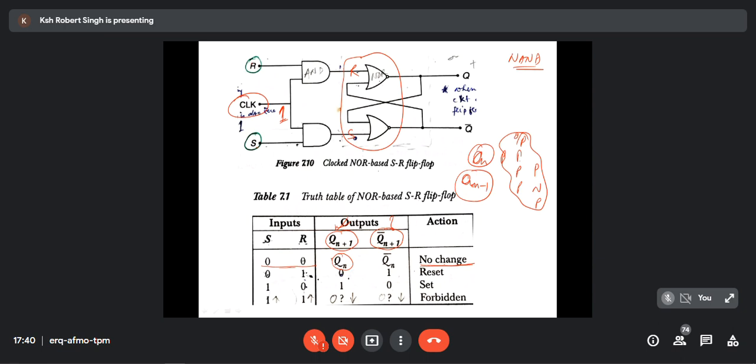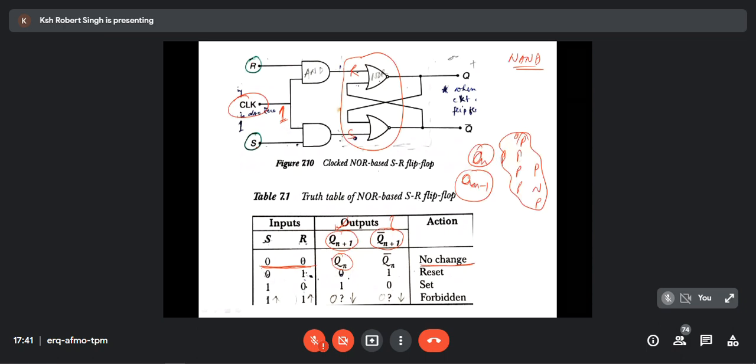So there is no change. Can you understand the meaning? The output will not change. What was my previous output will be my present output, when S is 0 and R is 0. That means you should remember this truth table for all the flip-flops. Otherwise you cannot design.